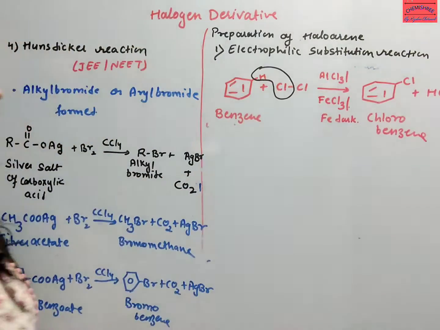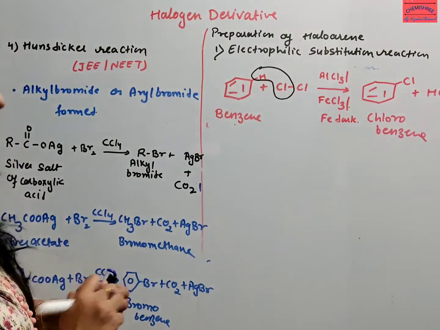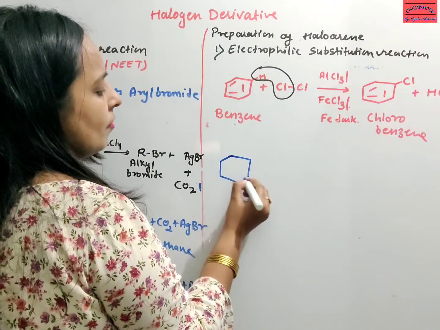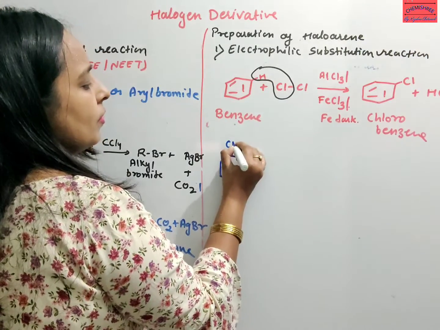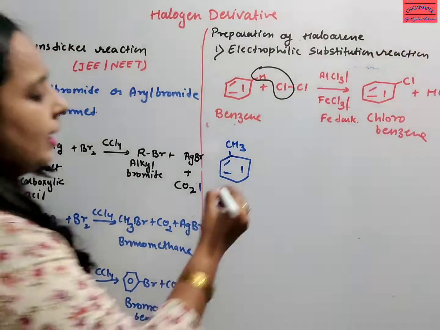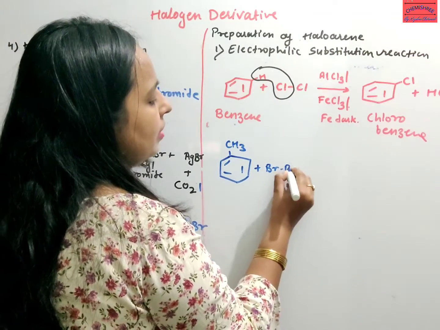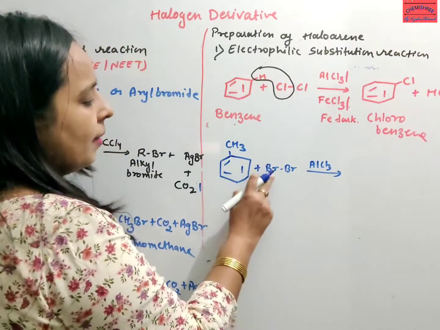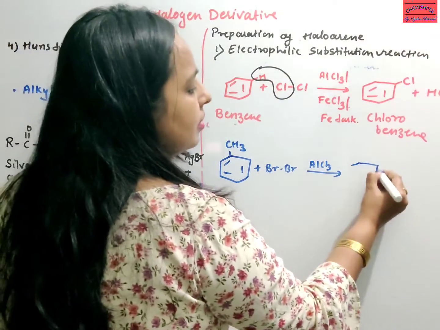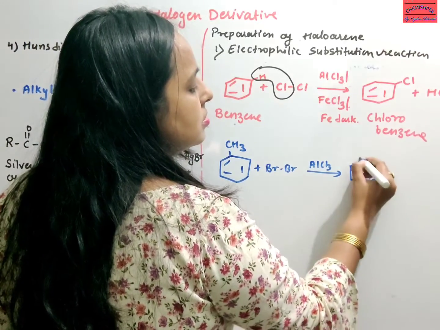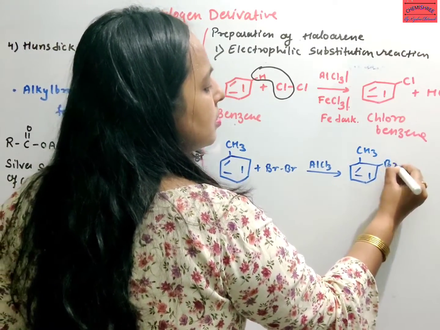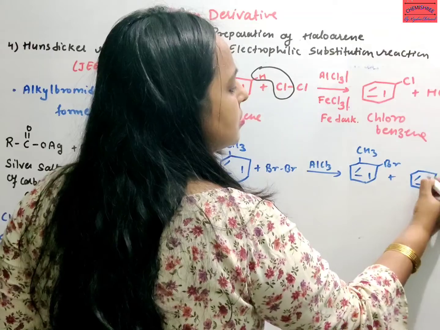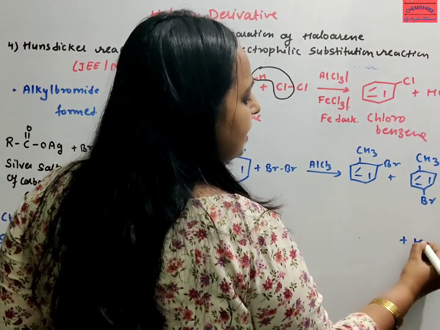Instead of benzene, if you take any other aromatic compound, for example toluene, so toluene is ortho-para-directing, and when you treat this with suppose bromine in presence of AlCl3, it will give you two products. Bromine can go on ortho position or bromine can go on para position, plus HBr.